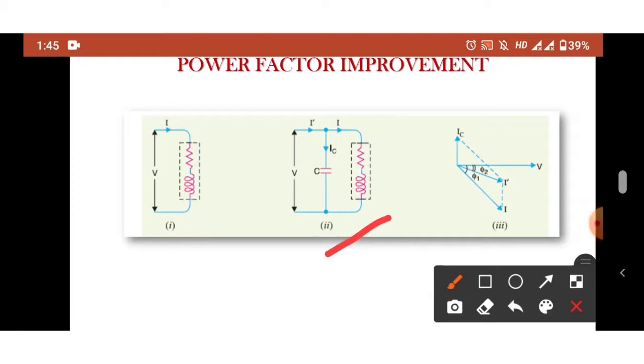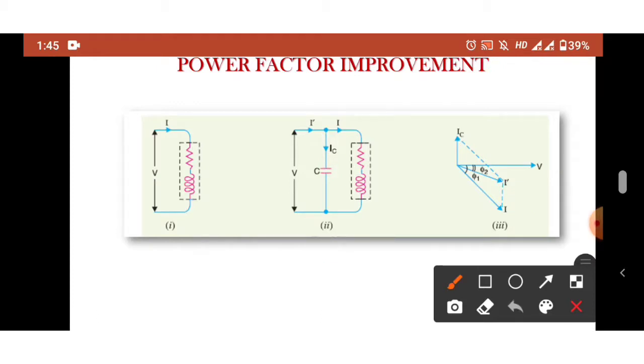So first take voltage as reference phasor, and initially the current was I. So current lags voltage by an angle phi 1. Now in the second circuit, a capacitor C is connected in parallel with the inductive load to improve the power factor.